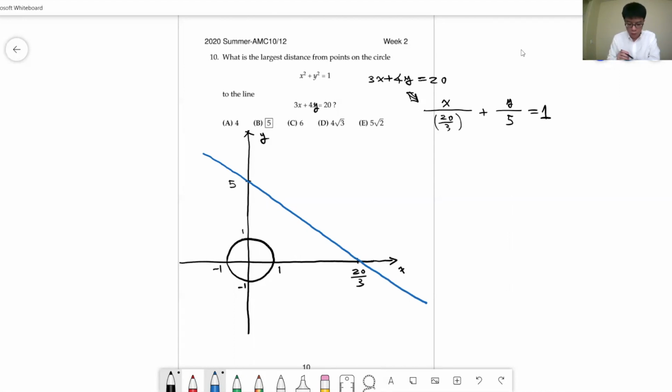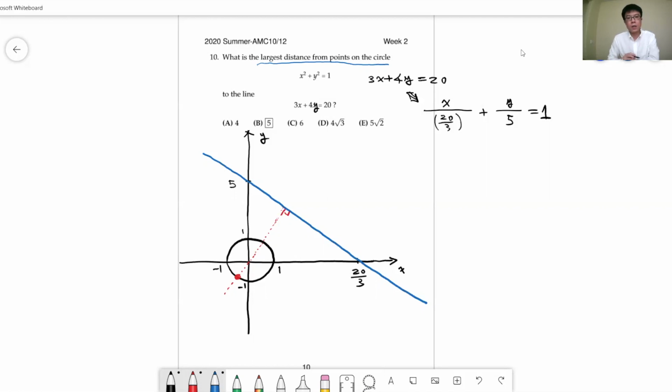We want to find the largest distance from a point on the circle to the line. It's easy to see that, formally, if we draw the line passing through the origin and perpendicular to the straight line, this line intersects the circle at the farthest point.